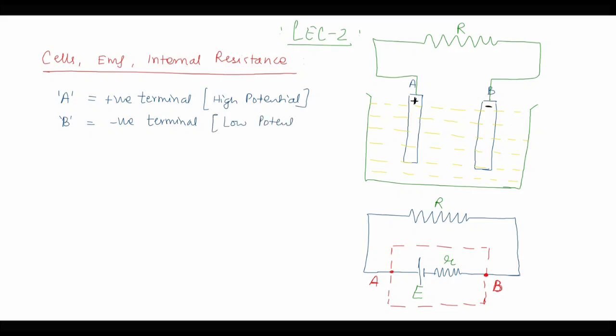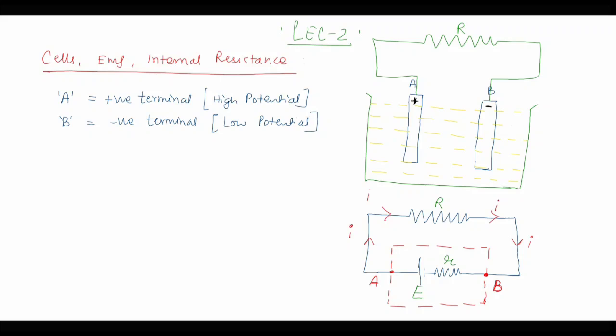Because of the potential difference between A and B, current I flows in the external circuit, and this is regarded as the discharging stage of the battery. So current I flows from the positive terminal to the negative terminal, or from high potential to low potential.